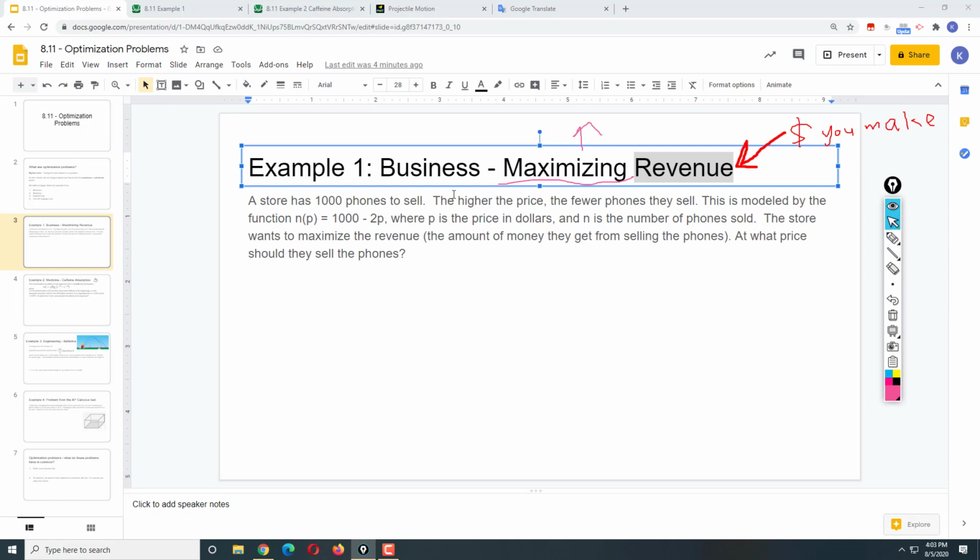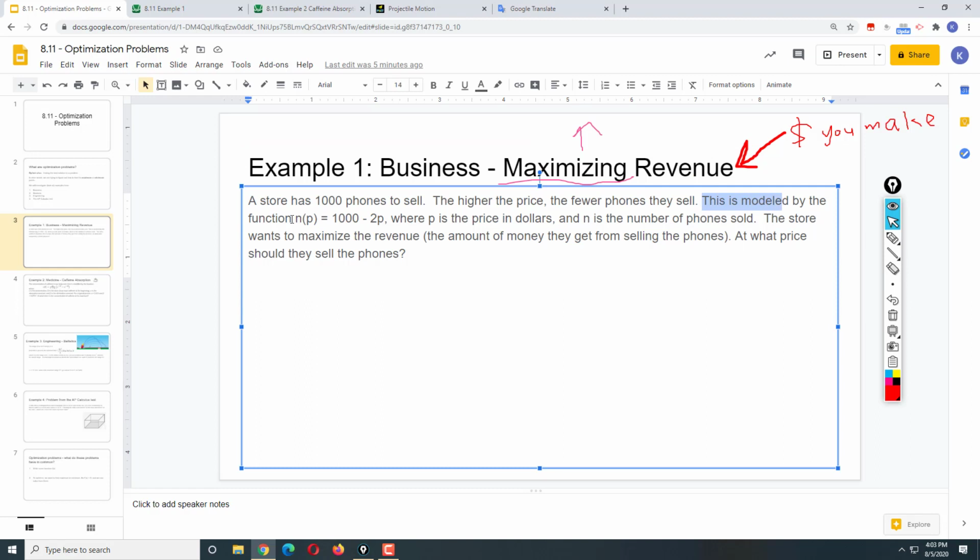Okay. All right. A store has 1,000 phones to sell. The higher the price, the fewer phones they sell. So if they sell a phone at, say, $500, not very many people might want to buy that phone. If they sell the same phone at $300, more people want to buy it. This is modeled by the function n of p is equal to 1,000 minus 2p, where p is the price in dollars and n is the number of phones sold.